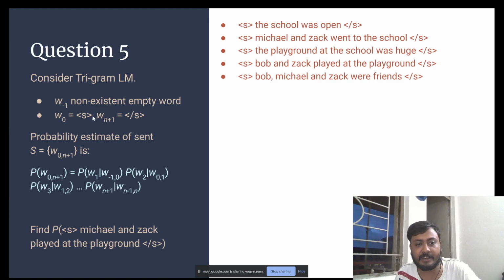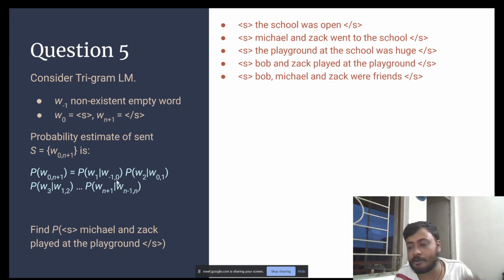We are giving W0 and Wn plus 1 as the beginning of sentence and end of sentence markers, and you need to find the probability estimate. When we expand this, P of W0 to n plus 1, this is a trigram language model. So the first word that you will consider is W1, W1 conditioned on W minus 1 and W0. That is why the W minus 1 was there.